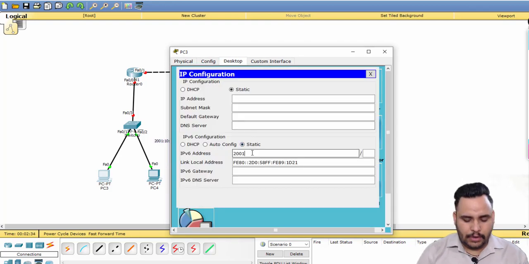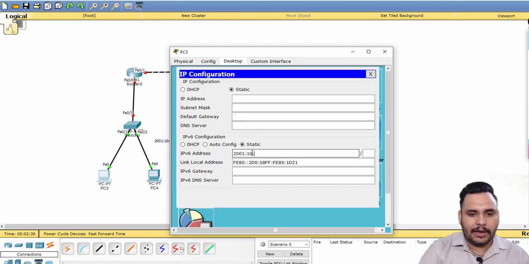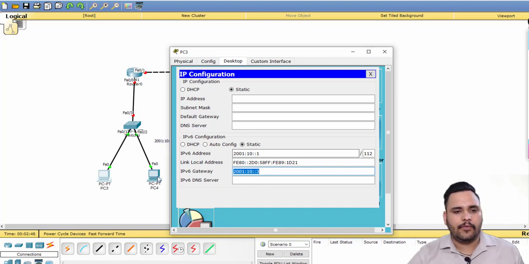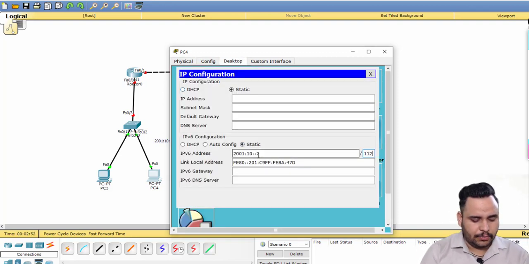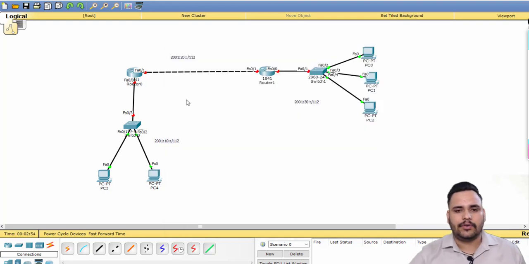So 2001:10:1 with prefix length /112, and 2001:10:3 is my default gateway. I'm choosing 2 here with /112, and the gateway is 10:3.